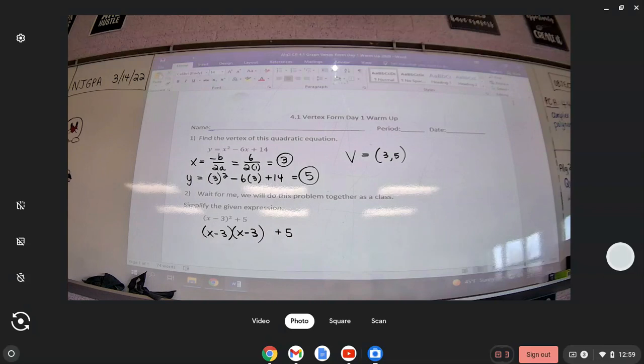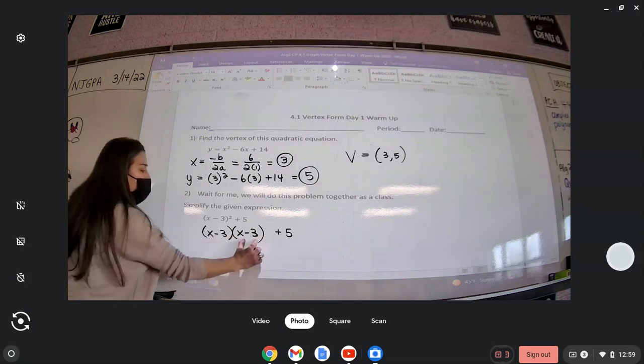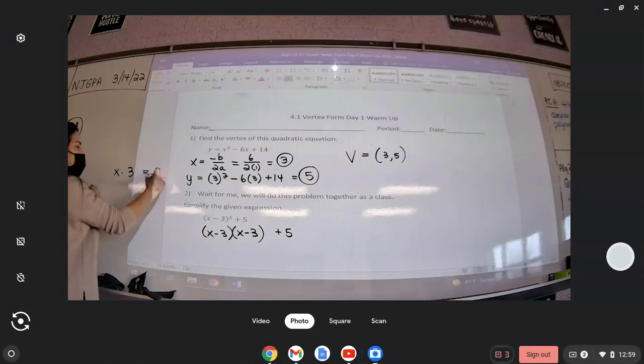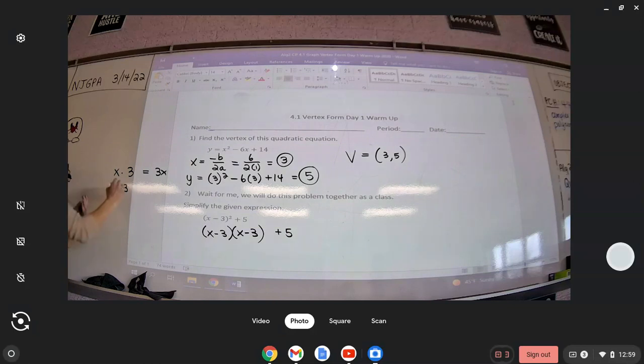Do you guys remember a little phrase from Algebra 1 called FOIL? Yes. This is a FOIL. If you want to multiply 2 terms with 2 terms, guys, it's not as easy as just what's x times 3? 3x. It's not as easy. This is x subtract 3 times another x subtract 3.